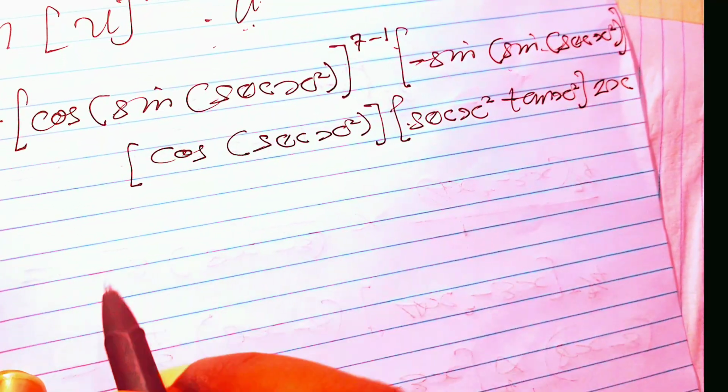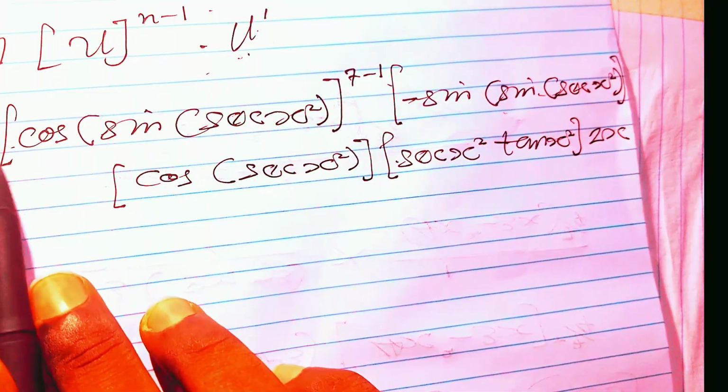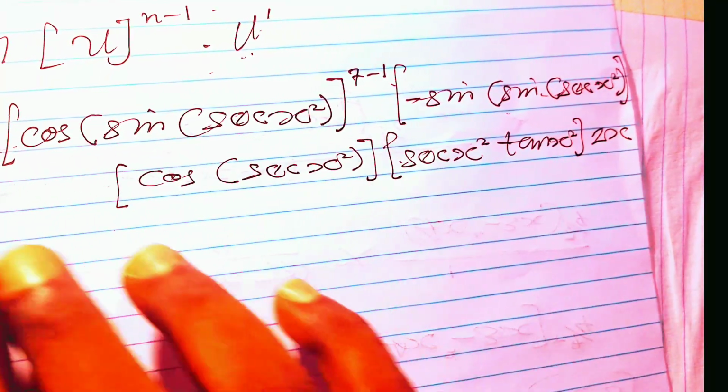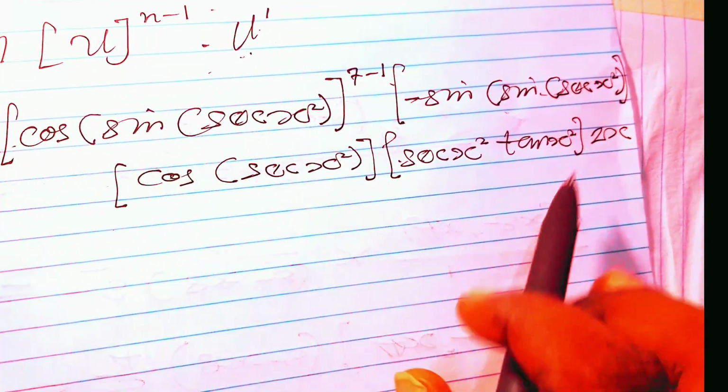Since we have 2x and 7 here, these can be multiplied: 7 times 2x.